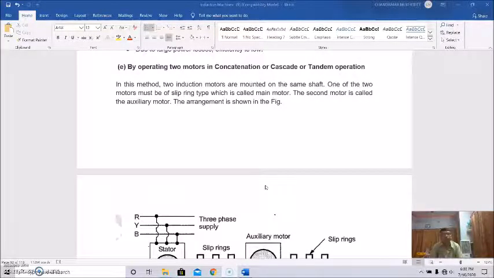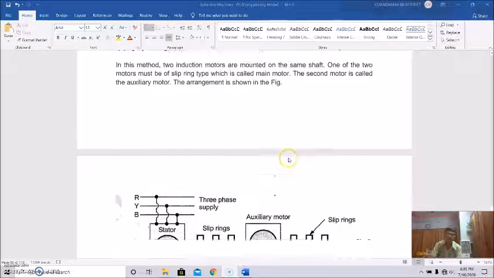One of the two motors must be a slip-ring type, which is called the main motor, and the second motor is called the auxiliary motor, and this may be slip-ring or may not be. It can be a squirrel cage induction motor also. These two motors are mounted on the same shaft, and that's why it is called cascade connection, concatenation connection or tandem operation.